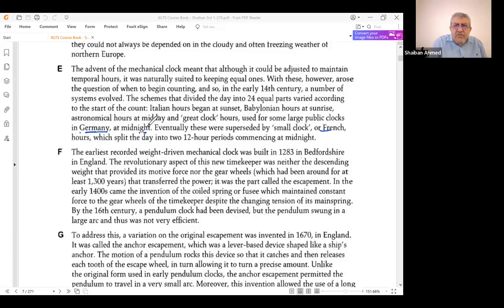Nothing used for some large public clocks in Germany at midnight. Eventually, these were superseded by small clock or French hours, which split the day into two hour periods. So this is it. Then the French, the answer is number 6. Okay, we are on the right track.